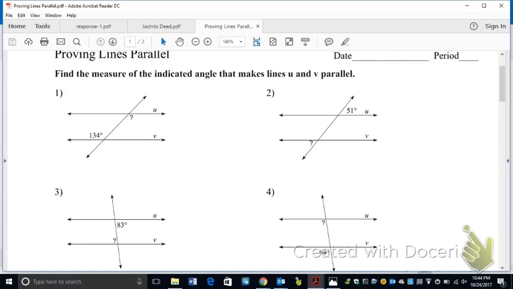Well, when we're looking at this, we want to keep in mind that we have four different angle pairs that we're looking at. Corresponding and same side interior. Both of those are going to be on the same side of the transversal. Okay? And then if they're on opposite sides of the transversal, we get alternate either interior or exterior.